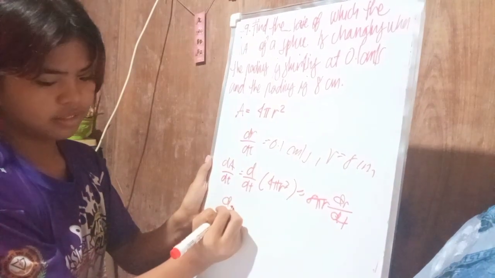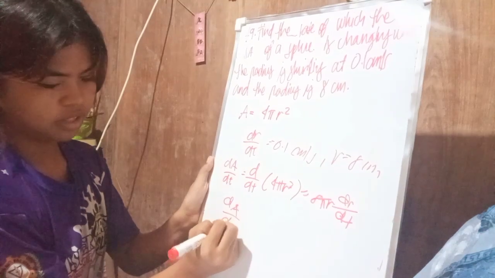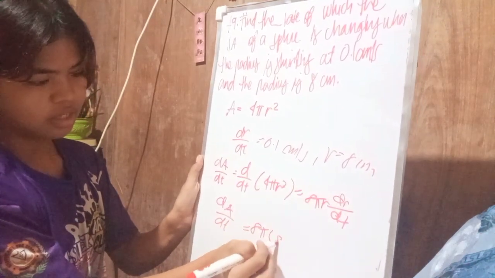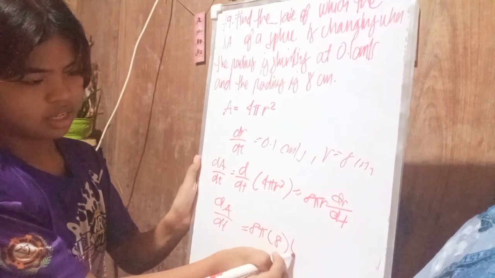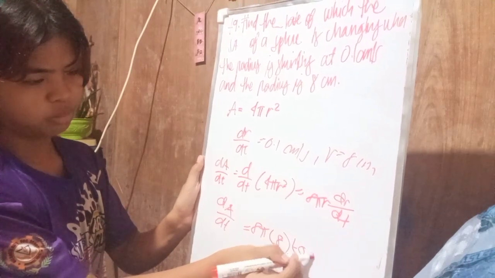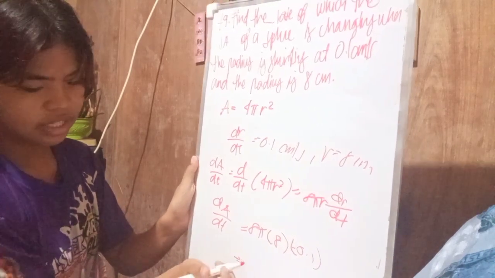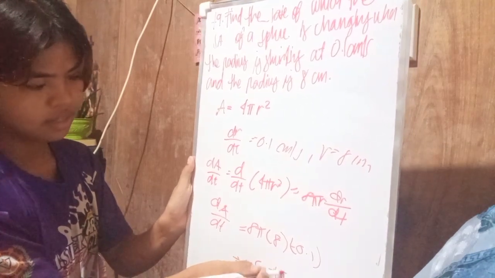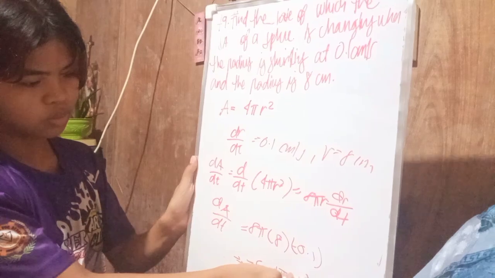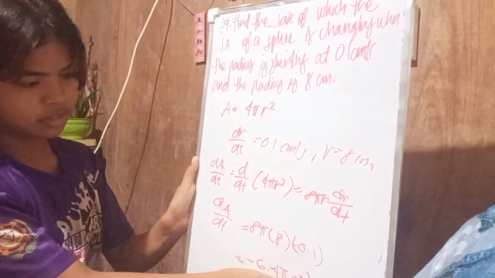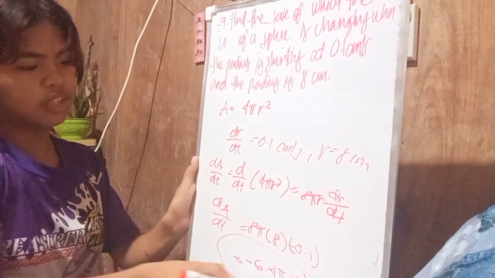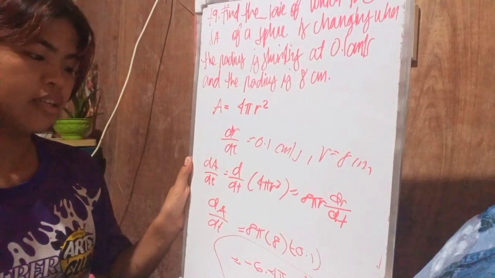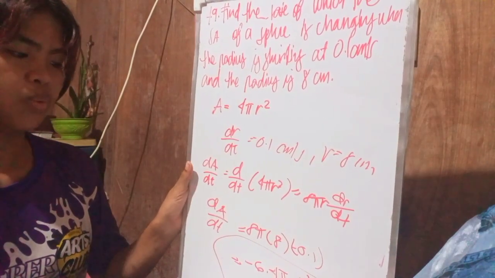Now we substitute. dA over dt is equal to 8 pi times 8 times negative 0.1. So, the answer is negative 6.4 pi cm squared per second. So, my answer for number 49 is negative 6.4 pi centimeter squared per second.